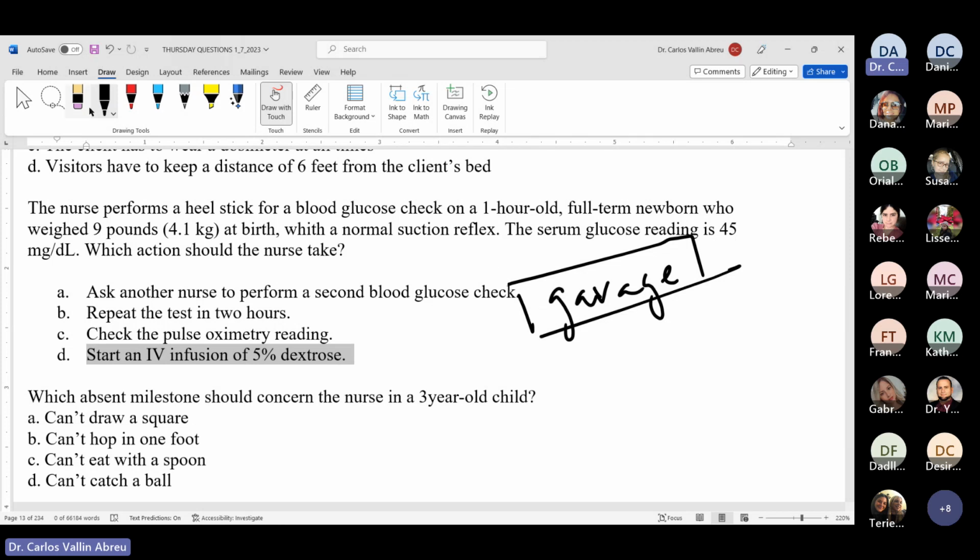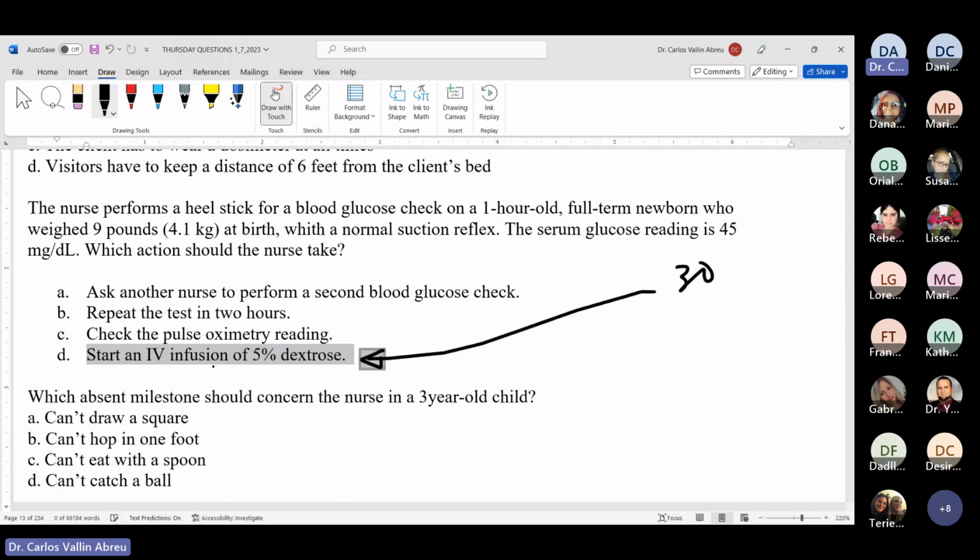Okay, so they are going to be fed with gavage. If the baby is having seizures or the blood glucose is below 30, then probably the doctor will order administering IV dextrose, but it's much lower, or the baby is unable to eat.